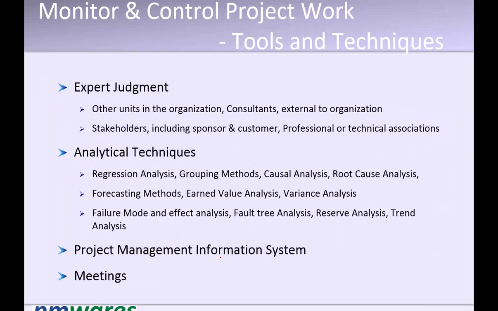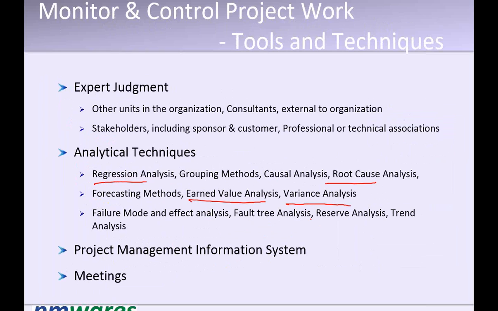You have various kinds of techniques which can be employed to identify variance between plan and actual. You have regression analysis, variance analysis, root cause analysis, forecasting methods, and earned value analysis. Normally we talk about earned value analysis a lot.